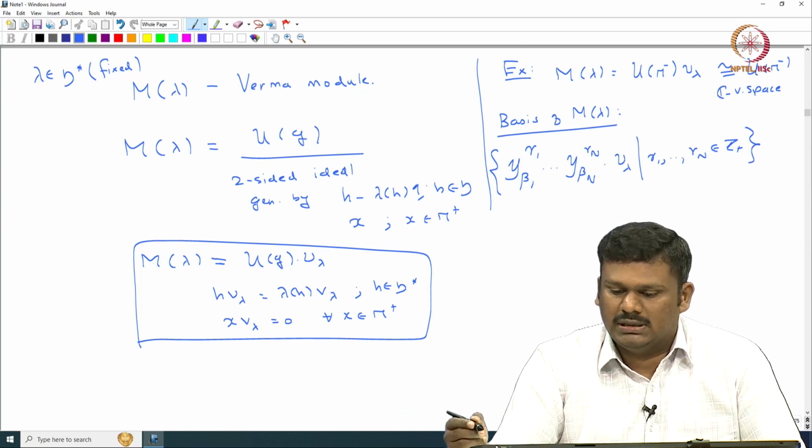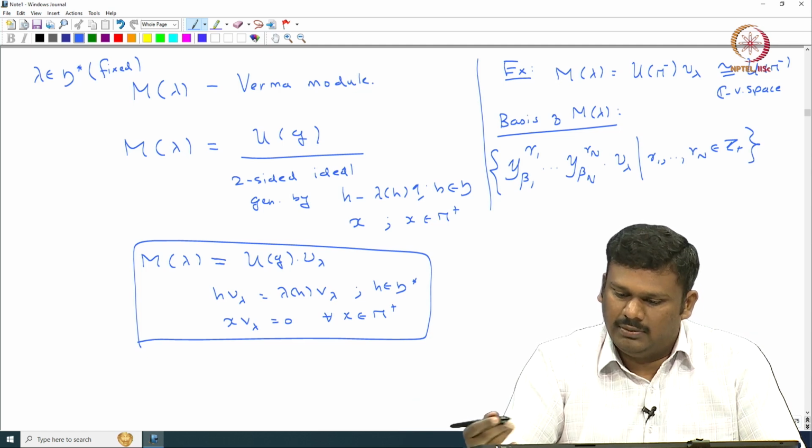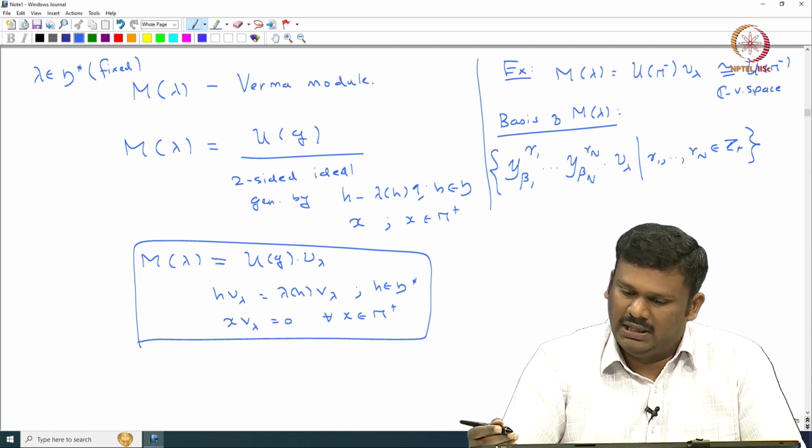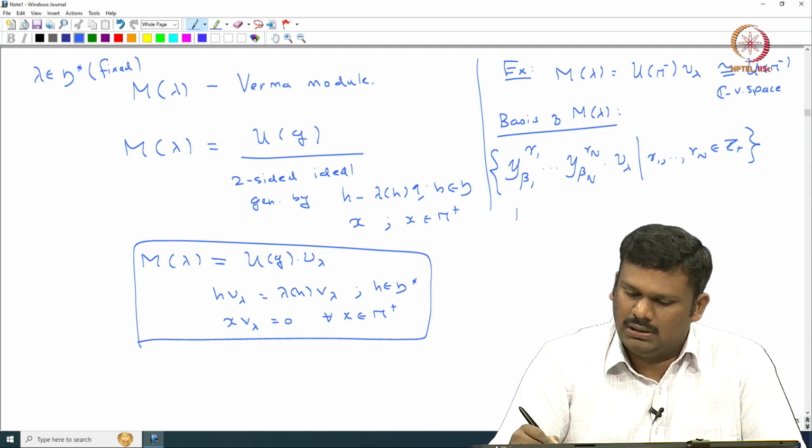This is the basis of M lambda that comes from the highest weight vector v lambda by applying these y betas. This is the PBW type basis.